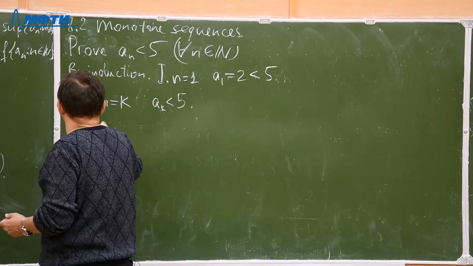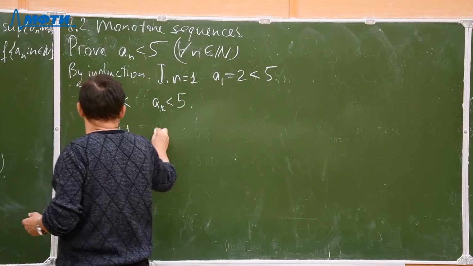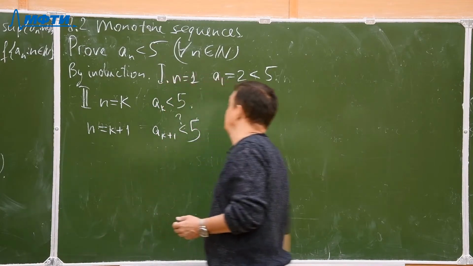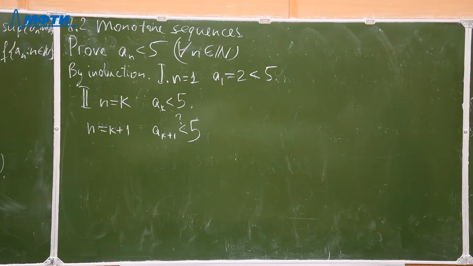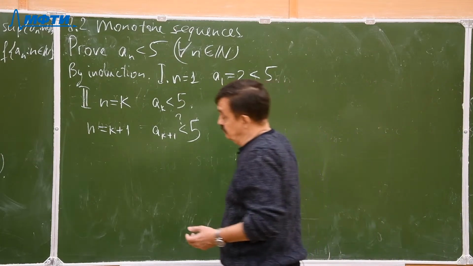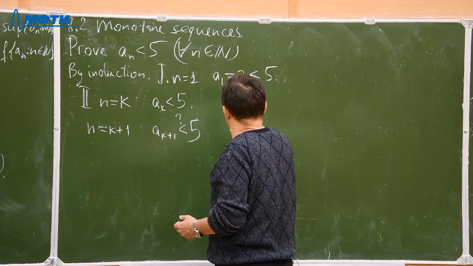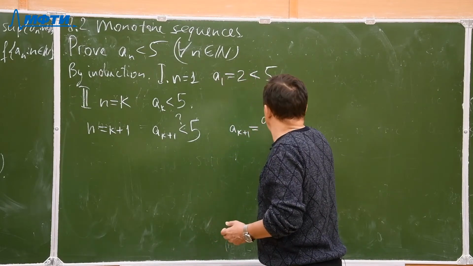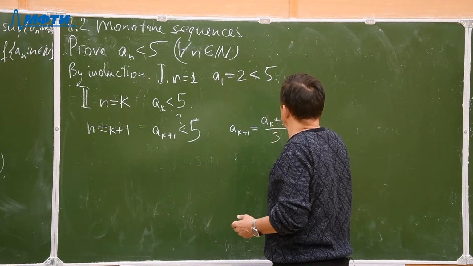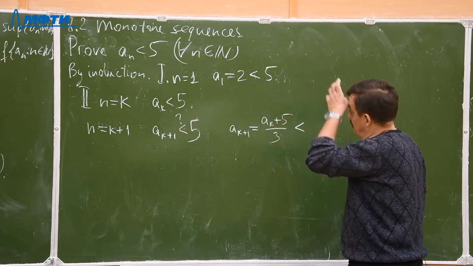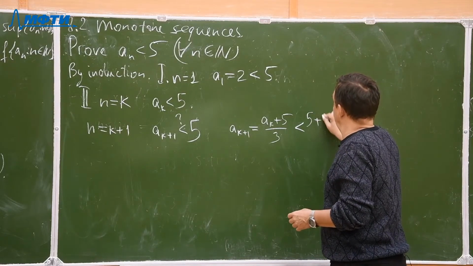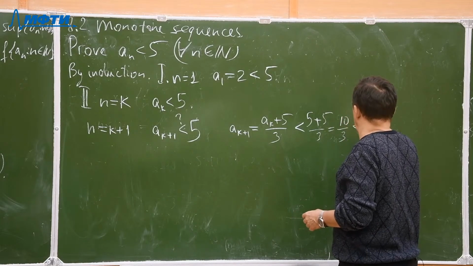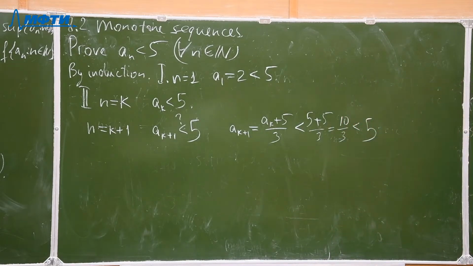Then we should check if it is valid for n equals k plus 1. Look, ak plus 1 is ak plus 5 over 3, smaller than, since ak is smaller than 5, 5 plus 5 over 3, that is 10 over 3, that is smaller than 5. So it is proved.